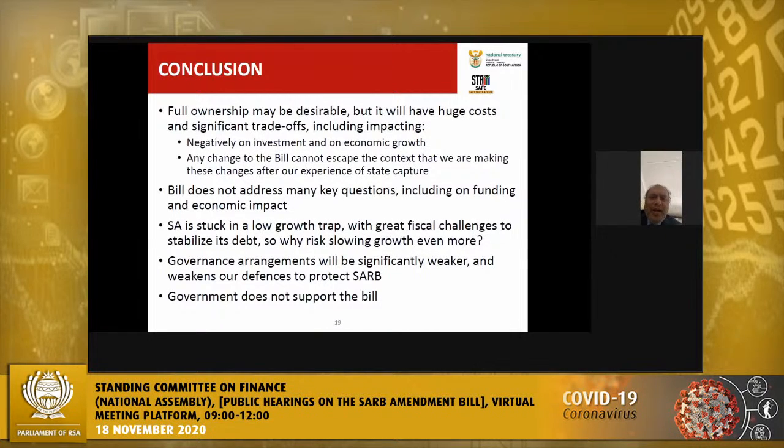The governance arrangements will be significantly weaker and weaken our defenses to protect the SARB from future capture. And for all these reasons, as the minister has outlined in his letter, the government does not support the bill and in fact will oppose it very strongly. Thank you, Chair.